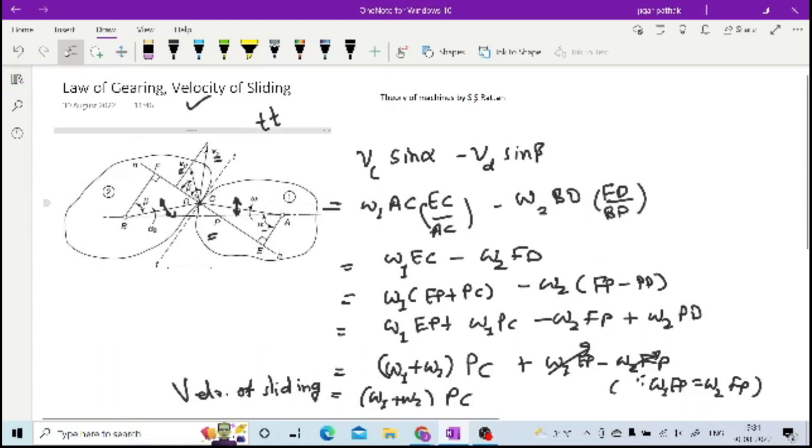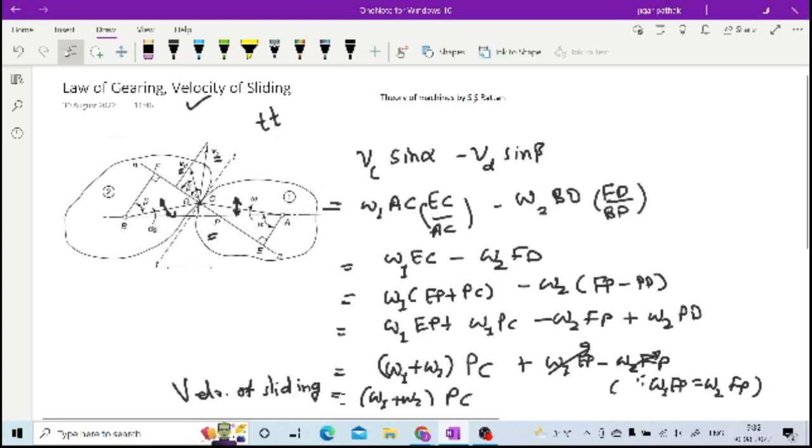See, from this equation, velocity of sliding is omega 1 plus omega 2 into the distance of the contact point to the pitch point.